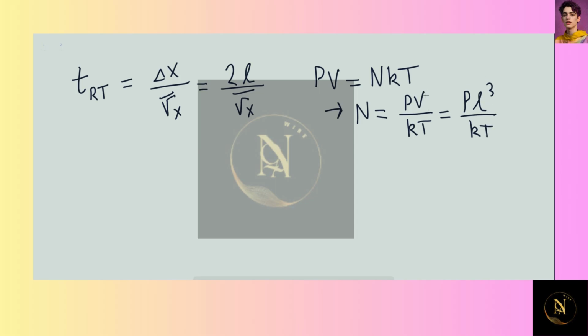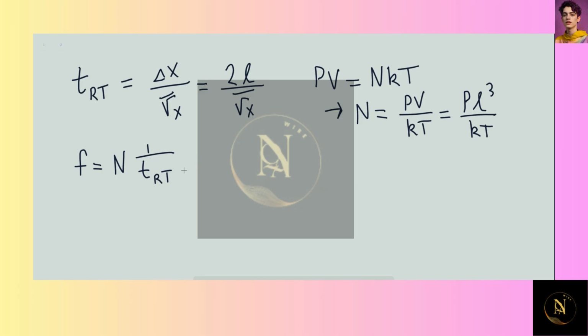This is useful to us because we can now say that the frequency of collisions will be simply the number of molecules times the reciprocal of the expected collision time, which is TRT. So the total number of collisions is just going to be the frequency of collisions per molecule, which is 1 over TRT, times the number of particles.